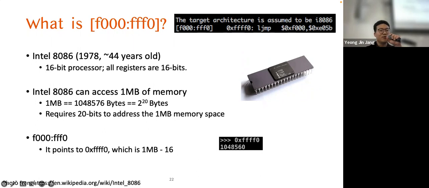So we have two 16-bit numbers, and to indicate the address FFFF0, the syntax is to have the upper part as F000 and the lower part as FFF0. I will explain what each number means and how you get FFFF0 next.